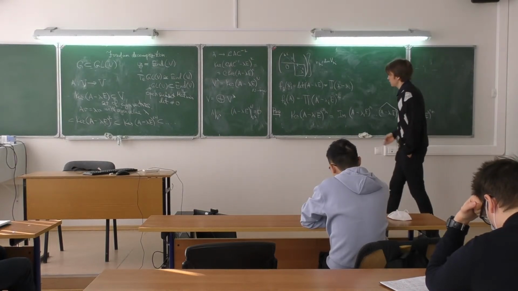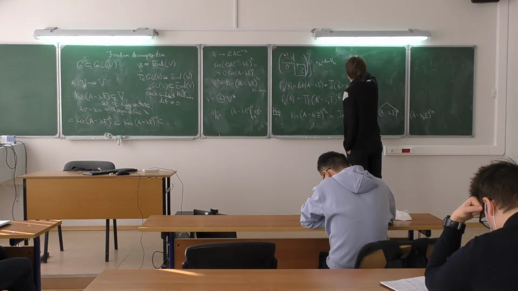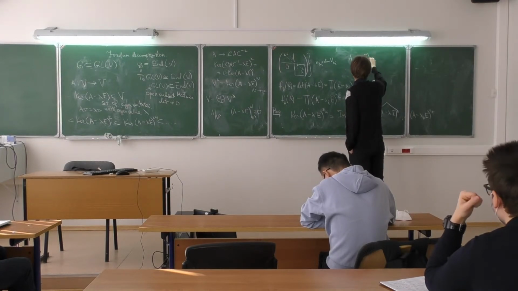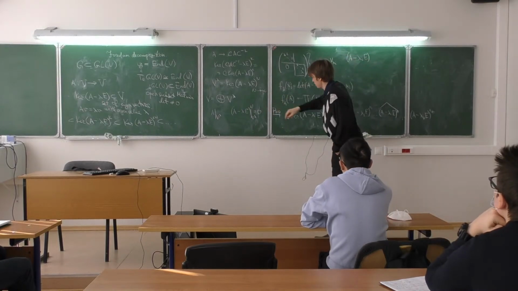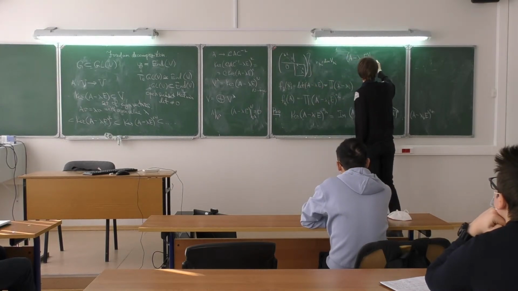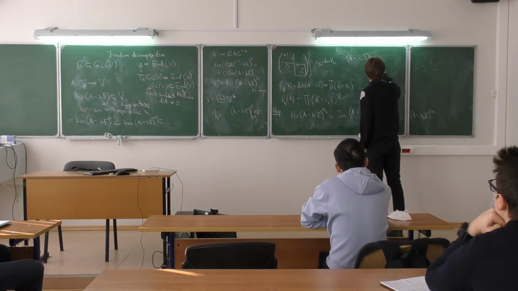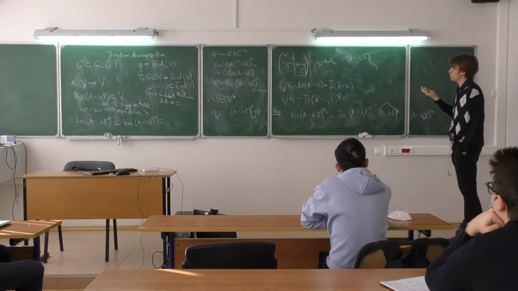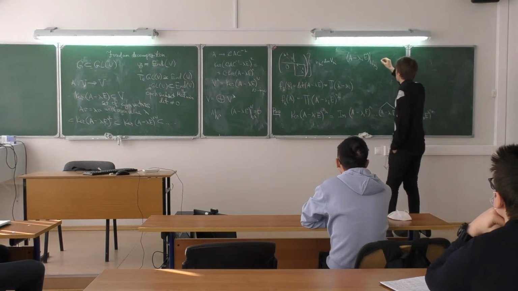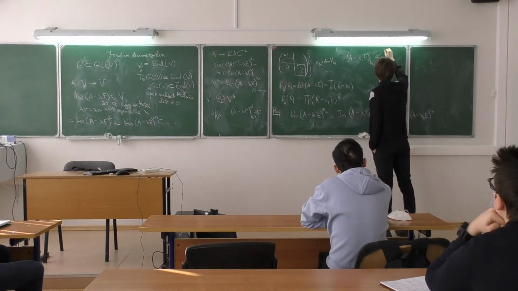Notice that if you restrict A minus lambda I E to V j with different j, it will be invertible. It has no kernel.